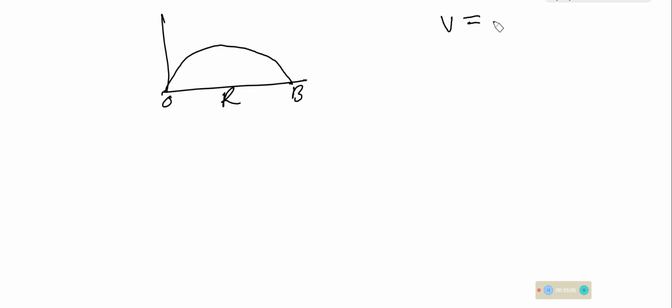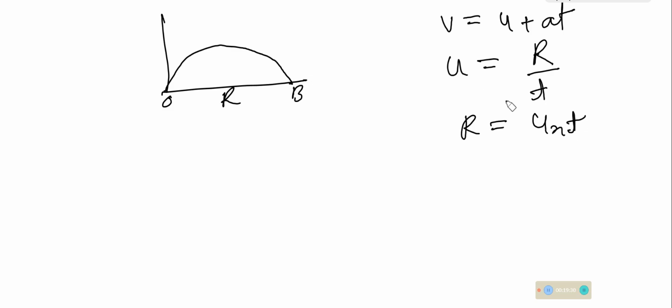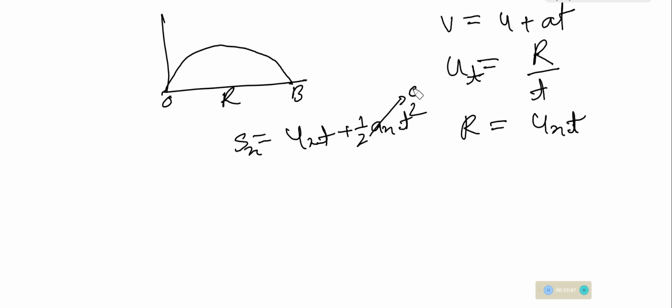So v is equal to u plus at, and in the x direction the velocity is not changing, so we can say that u is equal to R upon T, and R is ux into T. We can also use S is equal to Sx is ux T plus half ax T squared. ax in the x direction is 0, so this will be 0.